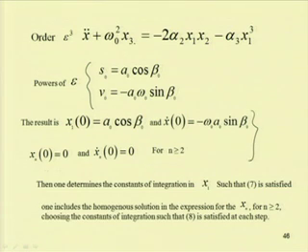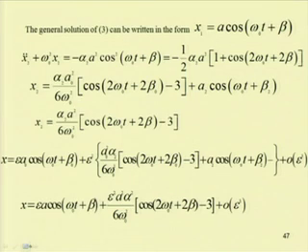For n greater than 2, one can take this and substitute these two equations in this order of epsilon. So, after taking these equations, one can substitute in the order of epsilon square and order of epsilon cube to find the solution.